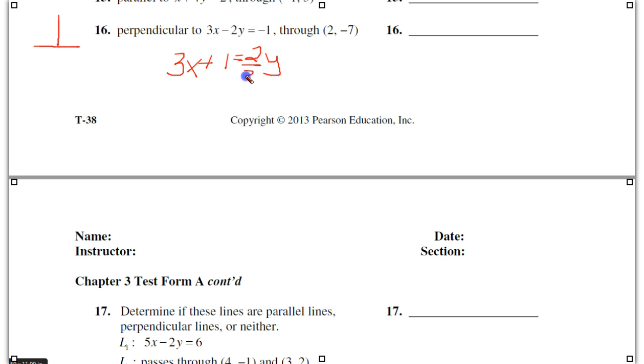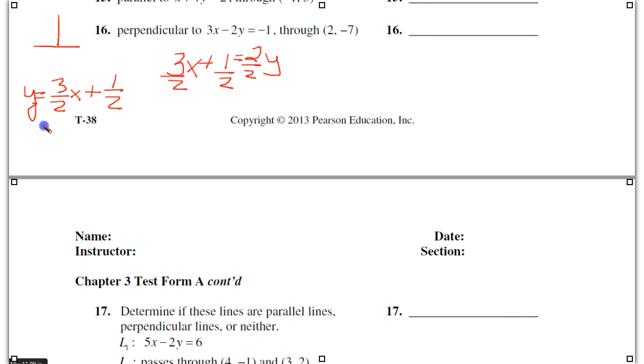Now divide everything by 2 because we want to find our slope. We then get y equals 3/2 x plus 1/2. So we solve this equation that was in standard form, put it in slope-intercept.